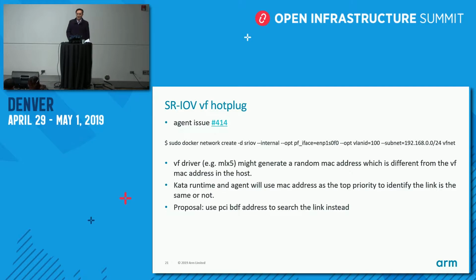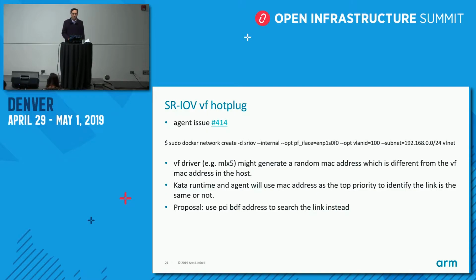This is an example command to create a container with SR-IOV virtual function pass-through via the VFIO infrastructure. If we don't pass a MAC address to the virtual function link, the virtual function driver in the guest kernel, for example, the mainline kernel, might generate a random MAC address, which is definitely different from the host one.